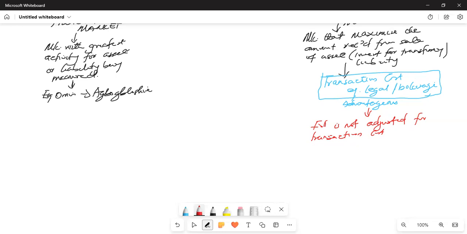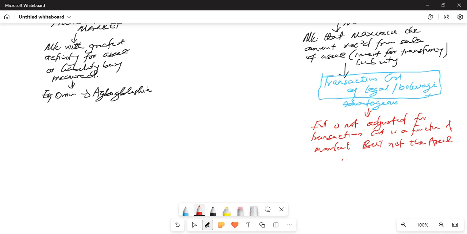However, the fair value is not adjusted for transaction cost, because the transaction cost is a characteristic of the market, a function of the market, but not the asset. The asset is ready, but because of this middleman, those things help determine the most advantageous market. So that is what happens.